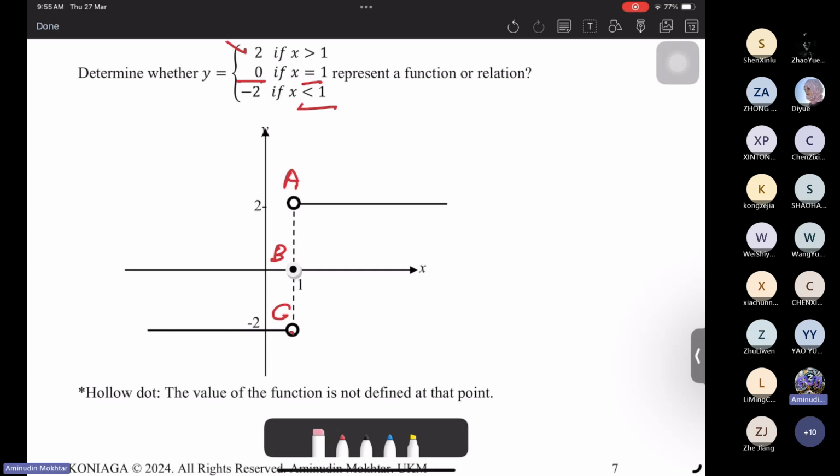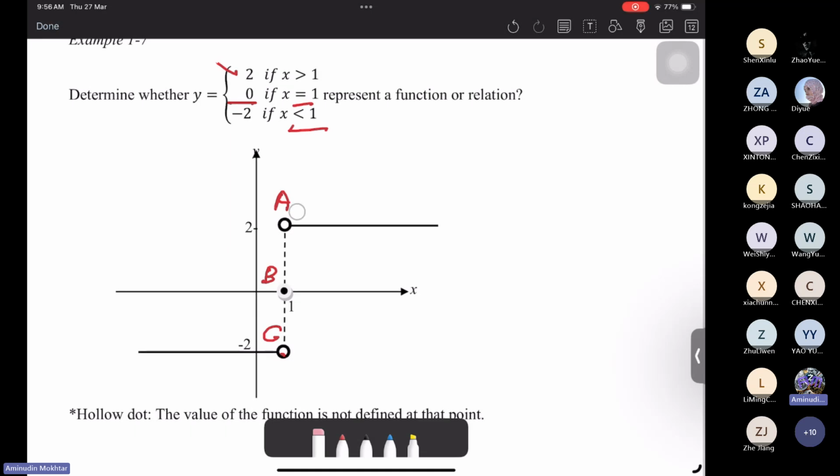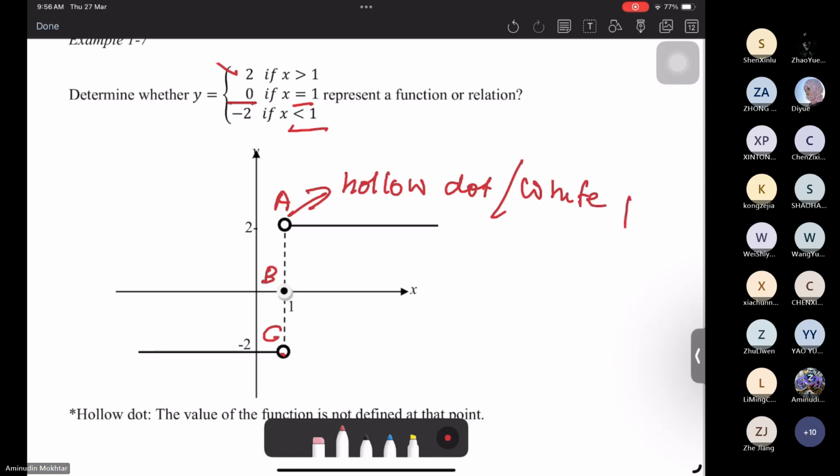If you draw this function, we have 3 points here, A, B, and C. Looking at this picture, there are 3 dots. At point A, there is a hollow dot, or white point.